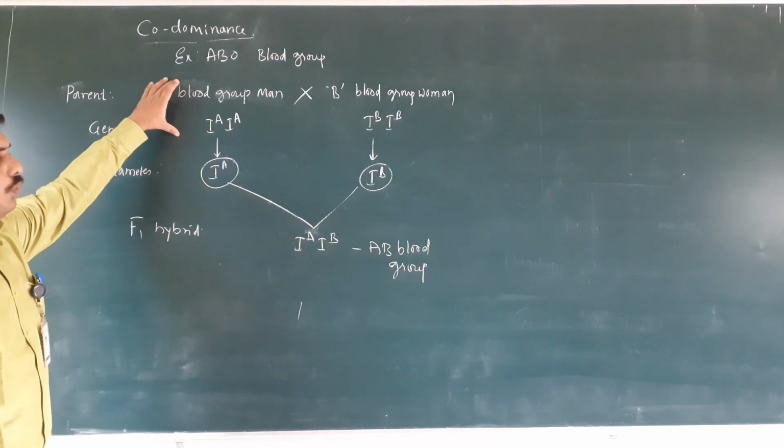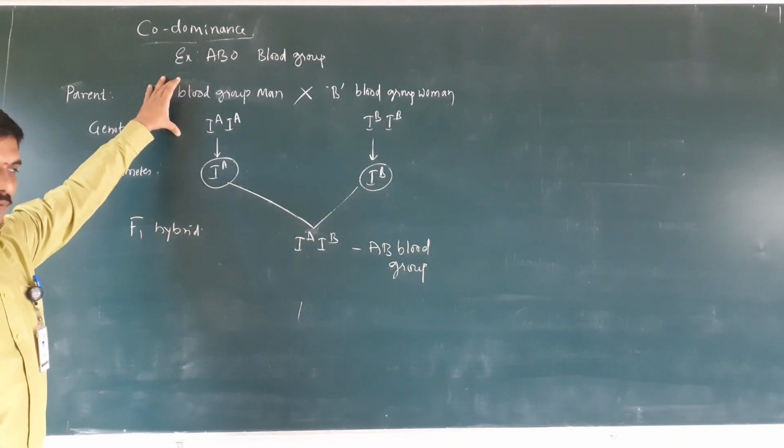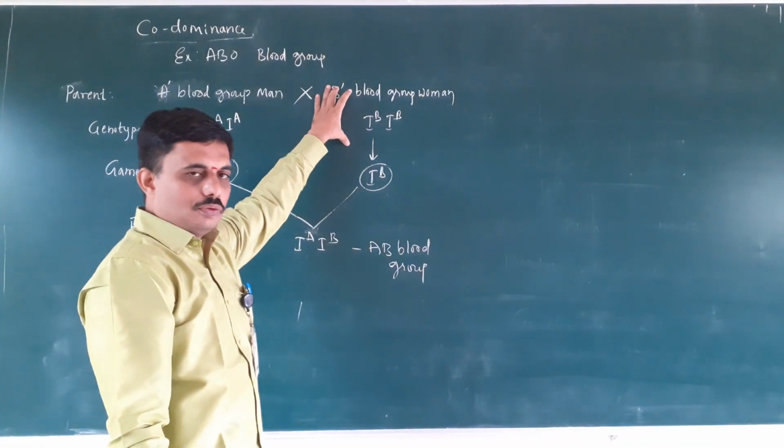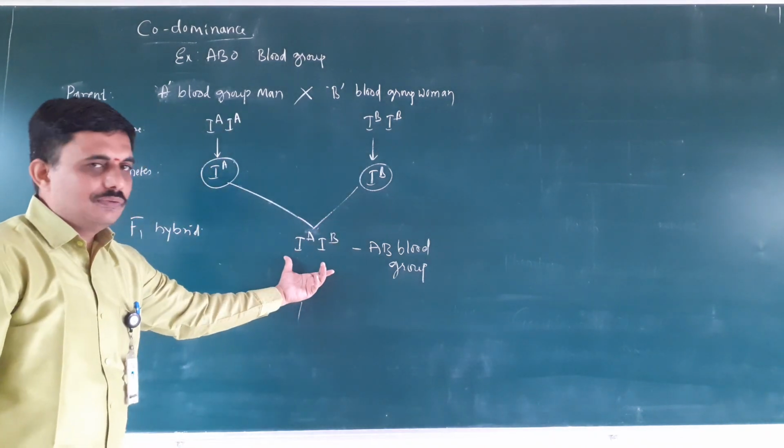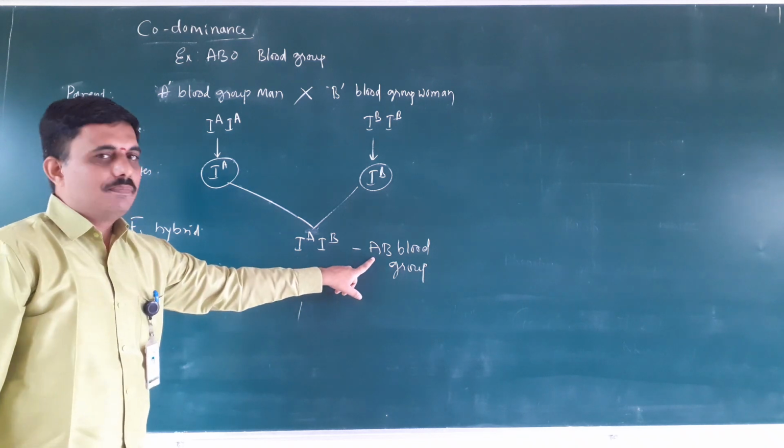So when a homozygous A blood group man marries a homozygous B blood group woman, what they get is the AB blood group.